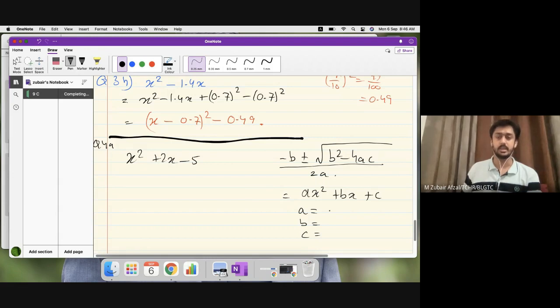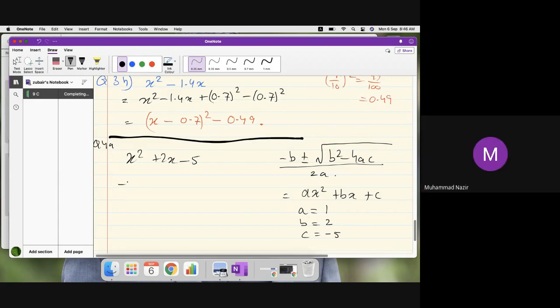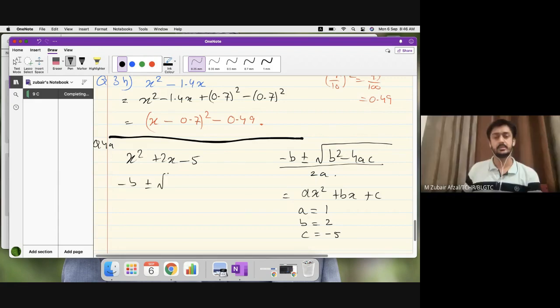In this case, a is 1, b is 2, c is minus 5. Any doubts with a, b and c? No, sir.